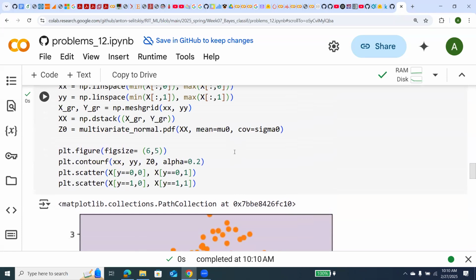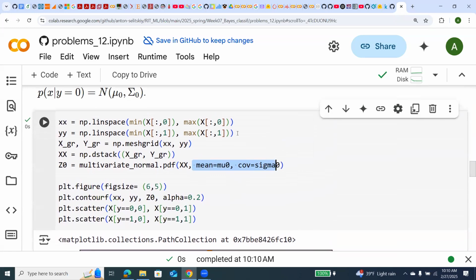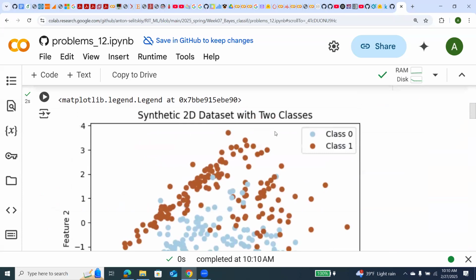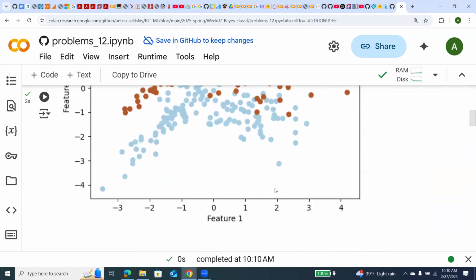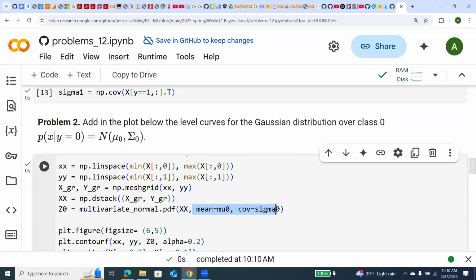Oh no, wait a second. Actually, I added for class 0. It's a little bit confused. Oh no, okay. Blue points have class 0. Okay, then it was correct. Blue points were class 0.